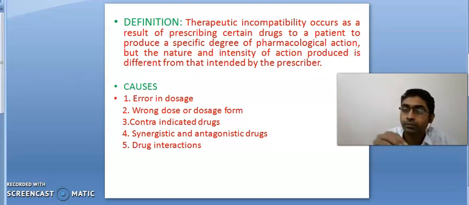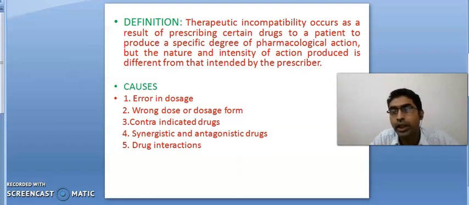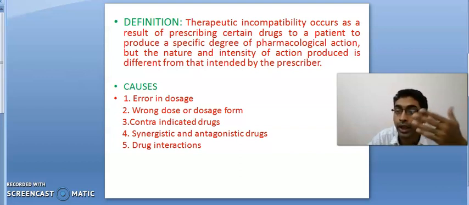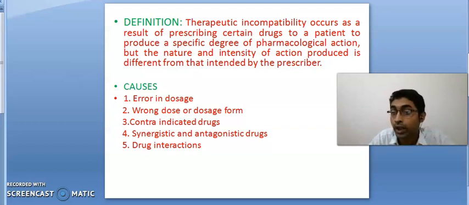Whenever a prescriber prescribes certain medication to a patient with the intention to produce a specific degree of pharmacological action, but the nature and intensity of action produced is different from that intended by the prescriber. The prescriber intends to reduce body temperature, but here there is allergic manifestation and severe gastric irritation, which is not intended. Therefore it is known as therapeutic incompatibility.